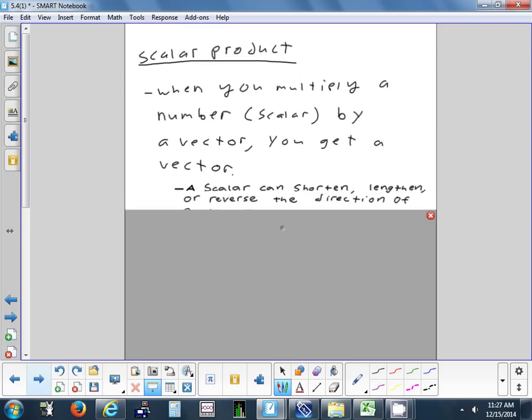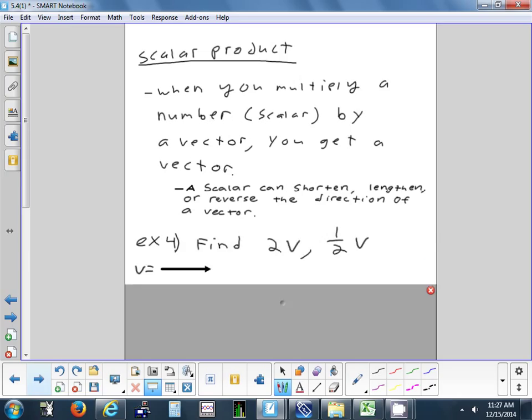It could also reverse the direction. How could a scalar reverse the direction? What would you be multiplying by that would do that? Negative what? Yeah, negative 1. But that's all that a scalar can do. Shorten it, lengthen it, or it can reverse the direction if you multiply by a negative 1.